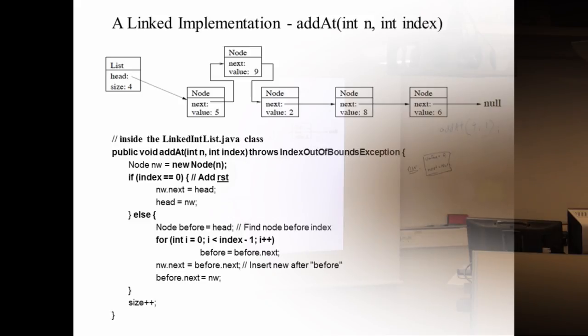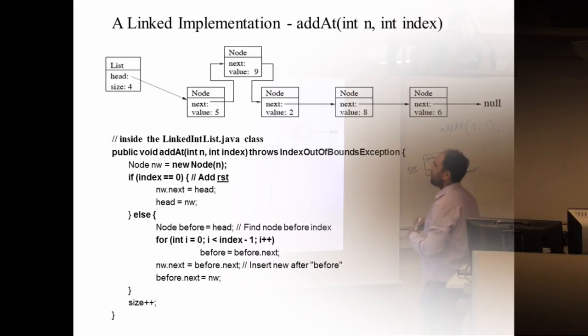In this case, we only need to point the head to this new node that we have created. But before assigning the head, we also need to preserve the value of head. So we assign new.next to head.